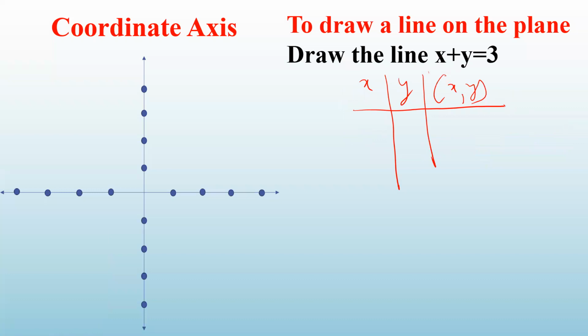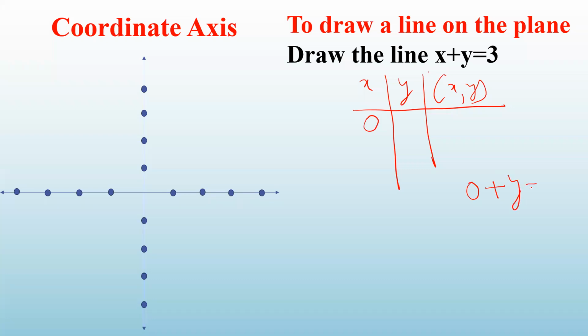In the second column, find out the corresponding value of y. And then in the third column, write down the point. So I told you the easiest way is what? Take the value of x as 0, because 0 is a number which is very easy to deal with in the calculation.